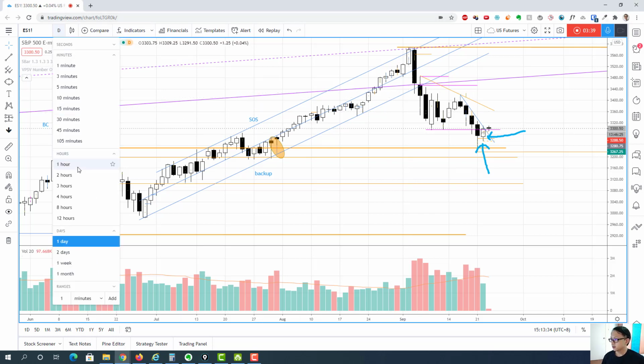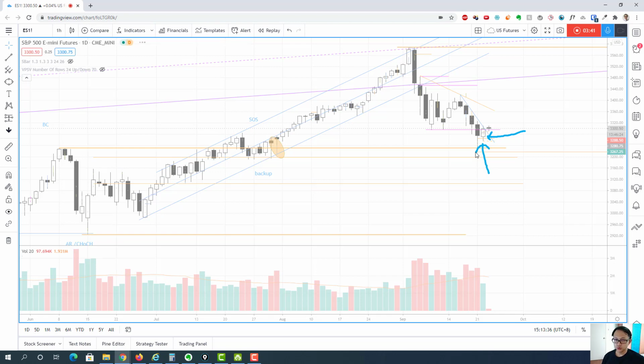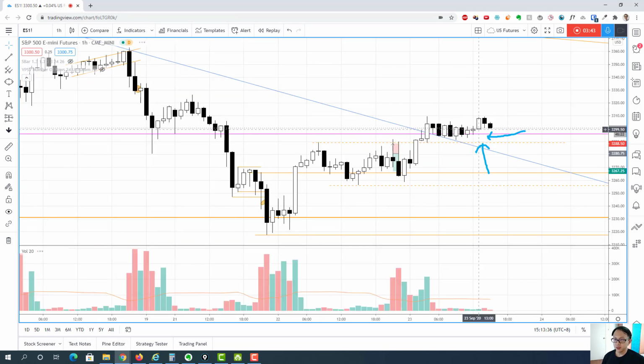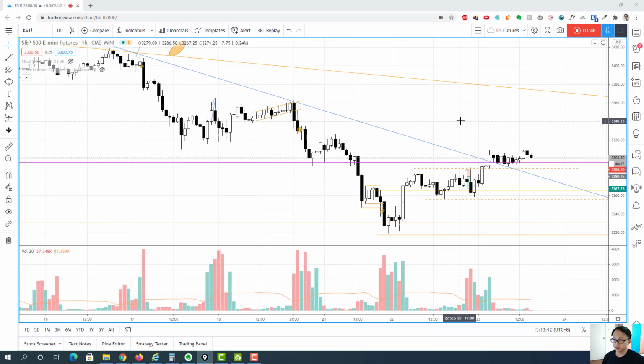Okay, so let me get down to the hourly time frame and let's talk about what's happening for the session yesterday. There's a lot more detail in the hourly time frame. First of all, you can see that the non-RTH high here plays out nicely, thanks to these two supply bars here, and coincides with this purple or pink line as a resistance level.